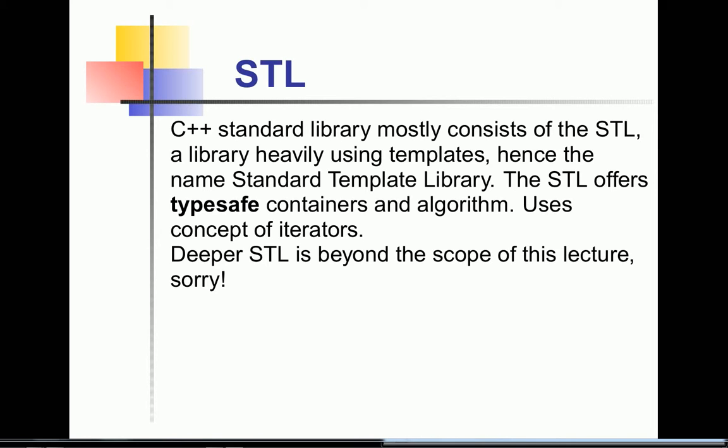The STL offers type-safe containers and algorithms and uses the concept of iterators. I cannot go into detail too much in here, but some parts are also explained and shown in the functional programming slides of last semester, so you might want to have a look back at that.